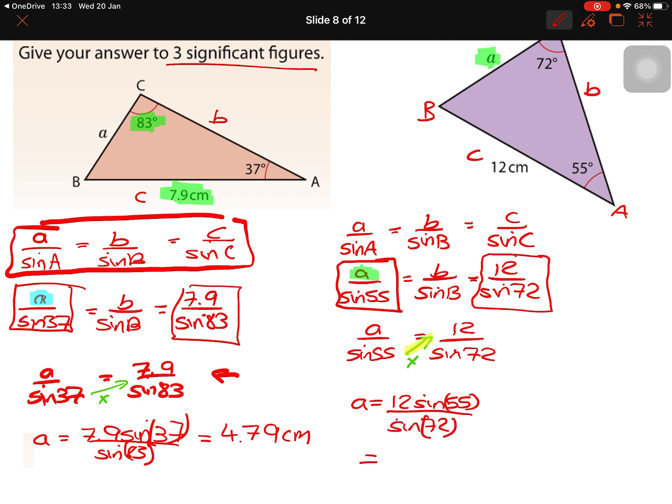That can go straight into my calculator, again making sure that your angles have brackets around them. So I'll go 12 sine of 55 over sine of 72. Should look exactly like that in your calculator, and I can have my answer at 12.3 centimetres.